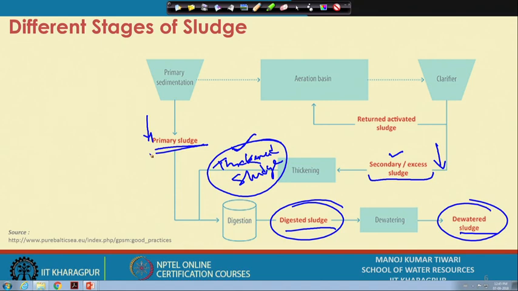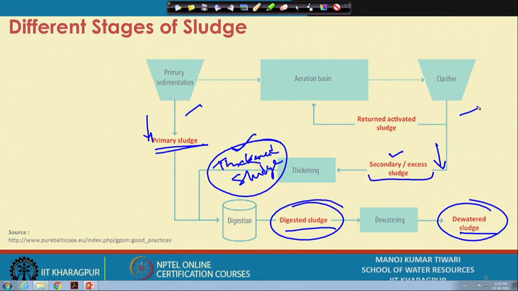Okay. So, let us say the total solids being released out of either the primary or secondary clarifying basin will have a certain mass, or will have a certain volume as well on a dry basis.